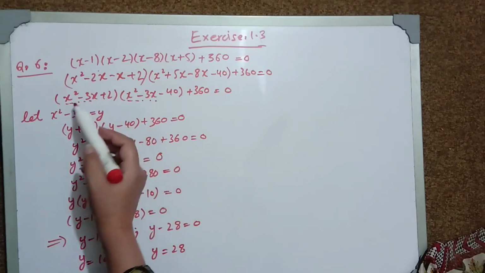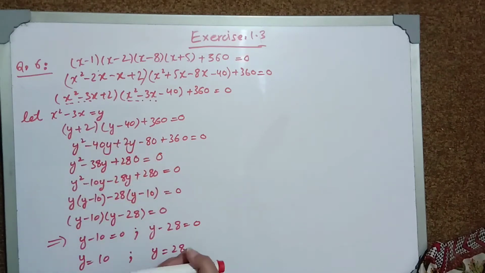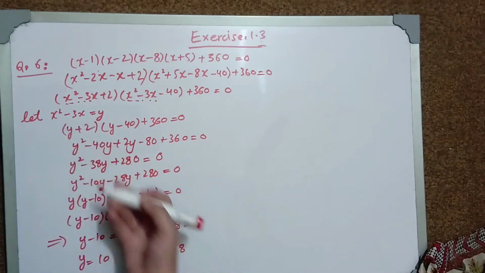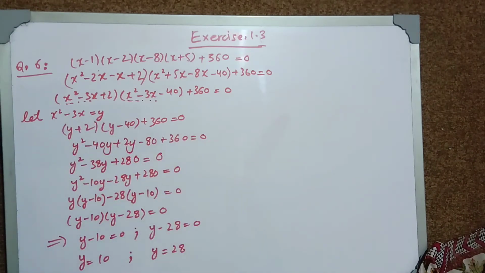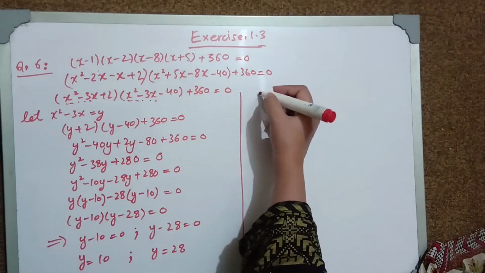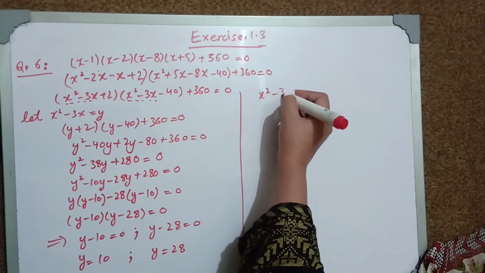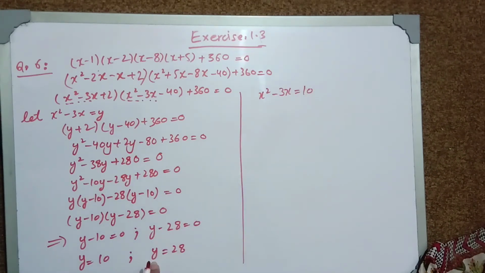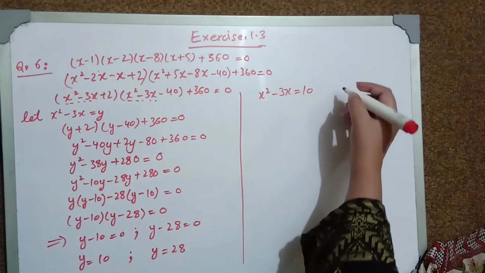Now if you remember, in the second step we just let x square minus 3x is equals to y. We just put it equals to y to simplify this equation. Now when we got the value, we can again substitute the actual expression here, which is x square minus 3x. So I'm going to put the value of y in these two equations. So we will get x square minus 3x is equals to 10 and x square minus 3x is equals to 28.